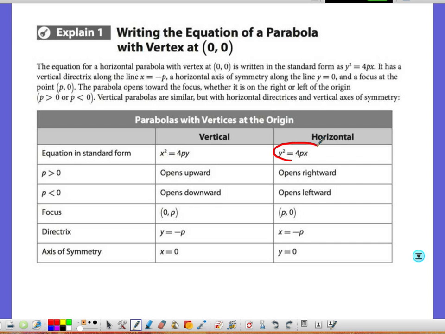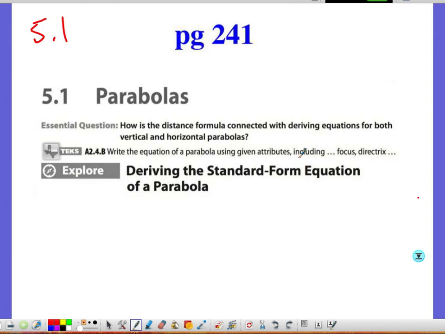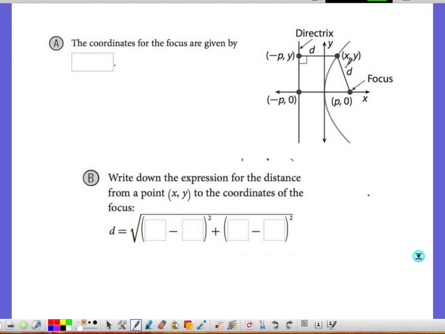Now to derive the equation of a horizontal parabola, which is what we have here, to begin, first we need to find the coordinates of the focus.